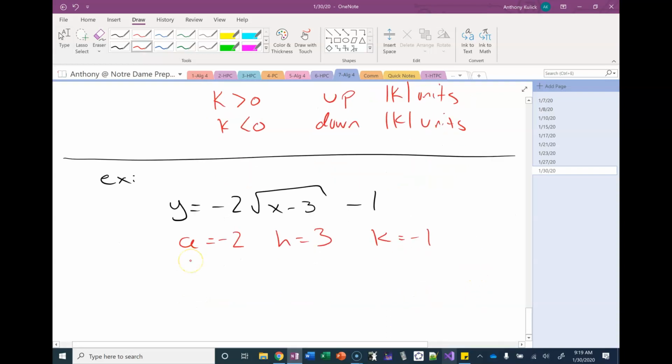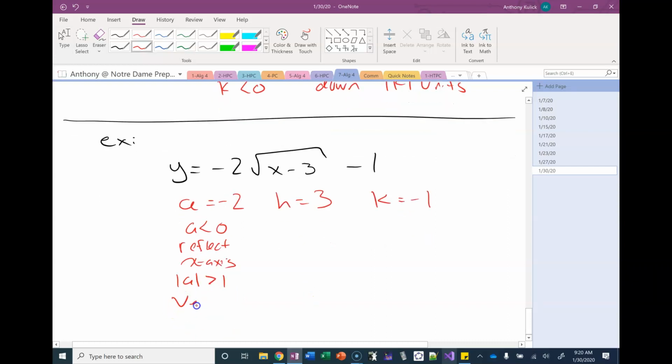Okay. So now let's identify what the A does. Since A is negative, we're going to have a reflection across the x-axis. And because the absolute value of A is greater than 1, we'll also have a vertical stretch. Everybody okay there? Just using the criteria that we just wrote down a moment ago. Now let's look at the H. Because H is positive, we're going to go right 3 units.